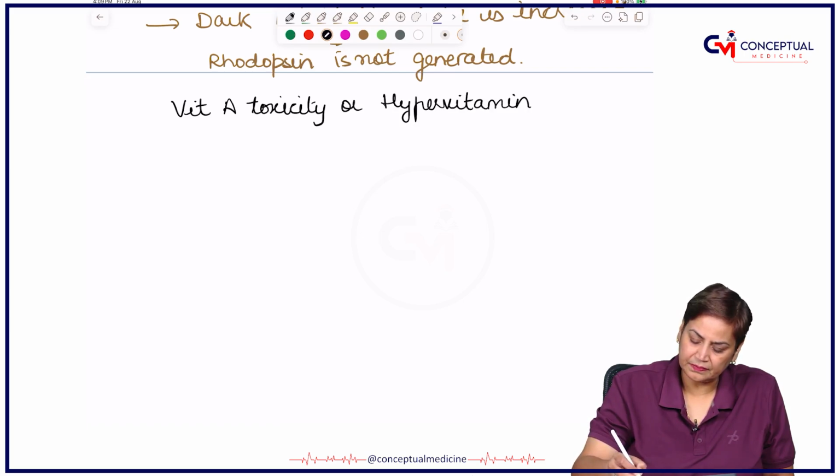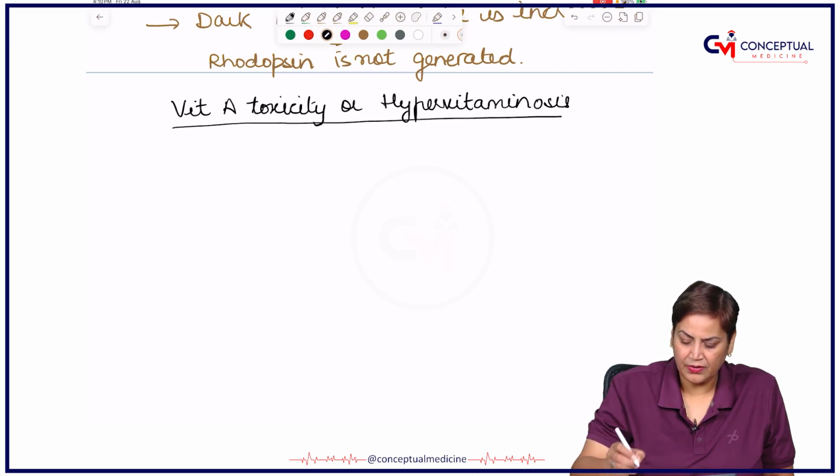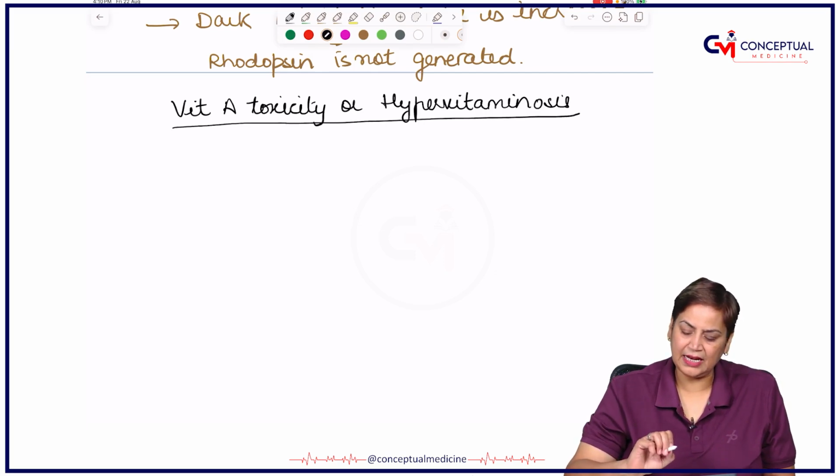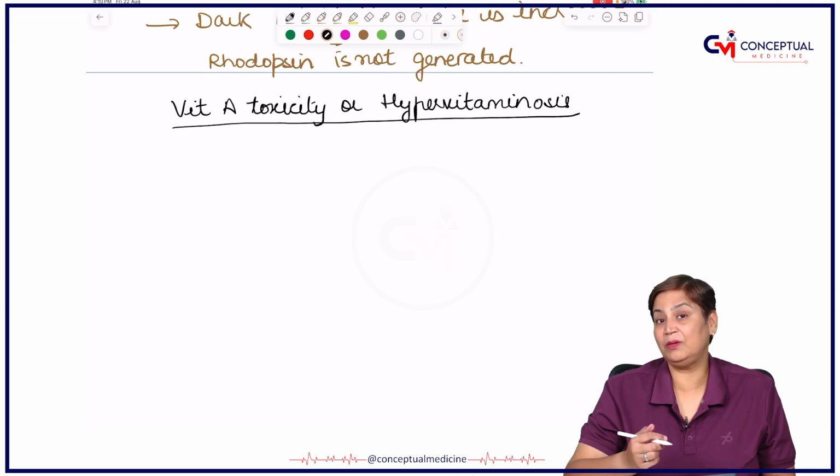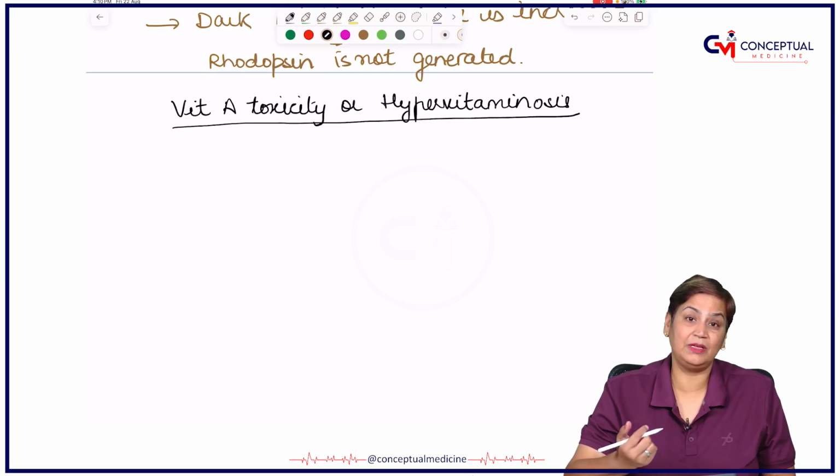Right? Now what happens? There are actually only 3 vitamins, I would say, which are toxic. One is vitamin A in more doses, then vitamin B3 in more doses, and vitamin B6. They are the 3 toxic vitamins.